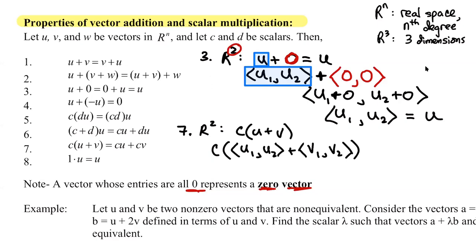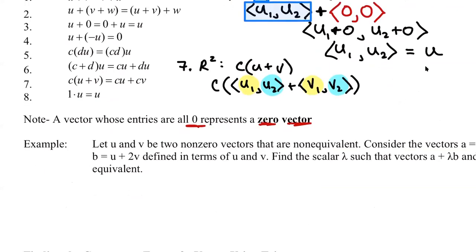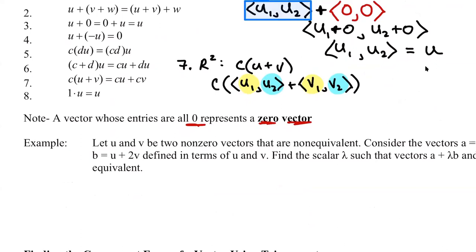I can get the sum by adding the corresponding parts. I think I might have said multiply, I meant to say adding. So C times (U1 plus V1, U2 plus V2).